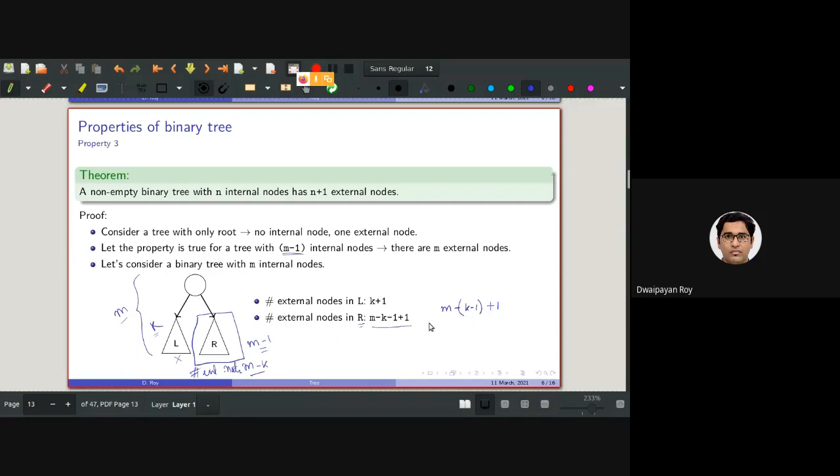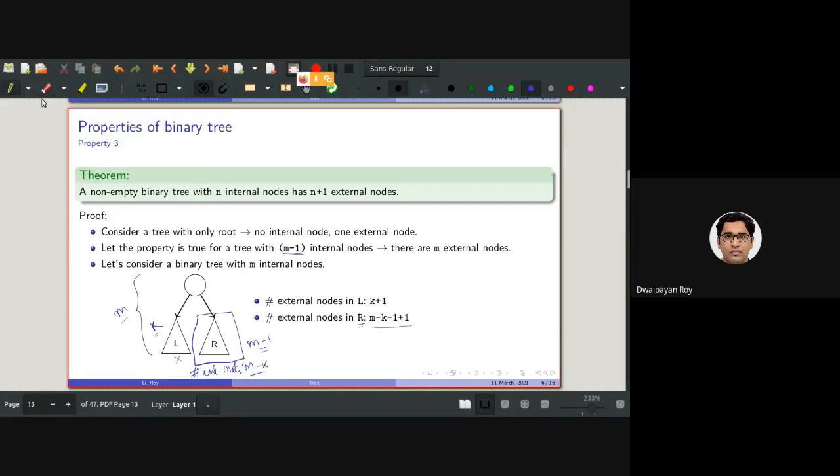Oh sorry, this bracket should not be there, I mistakenly wrote that.